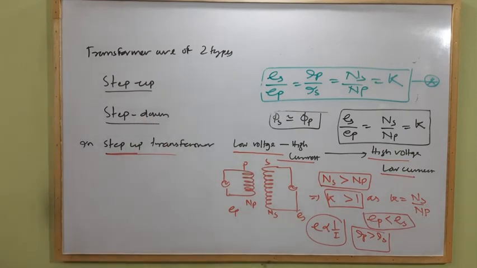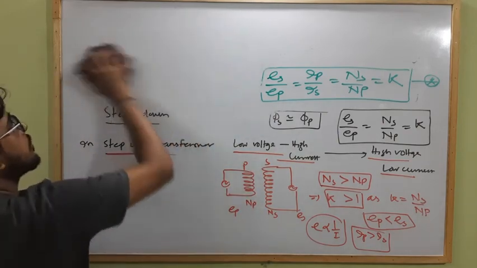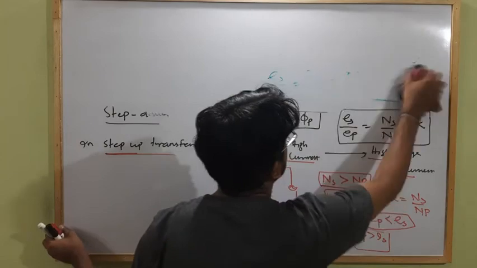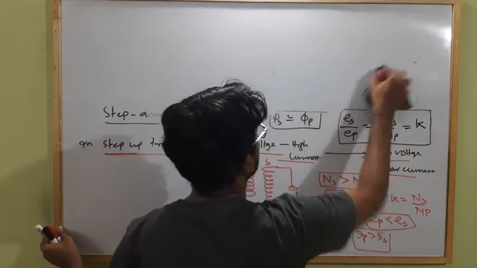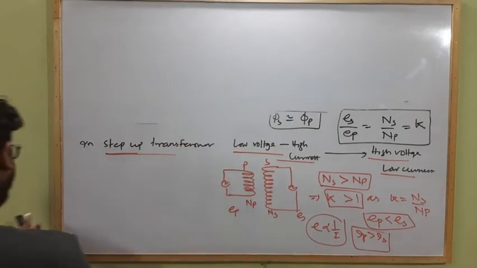Next, what is step down? Step down is the reverse of step up. So in a step down transformer, high voltage, low current is converted into low voltage, high current. So what is step down?